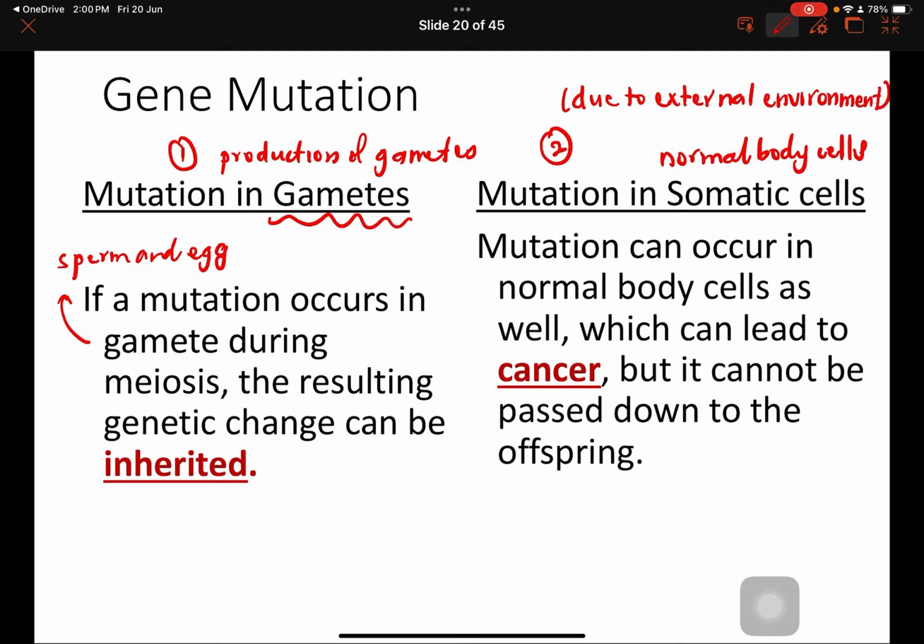People who are exposed to radiation, people who are overexposed to UV light because of the time they spend outdoors, and people who work with mutagenic, cancer-causing materials also have a higher chance of their normal body cells being affected.